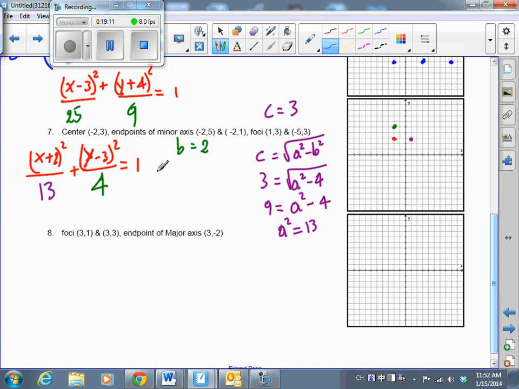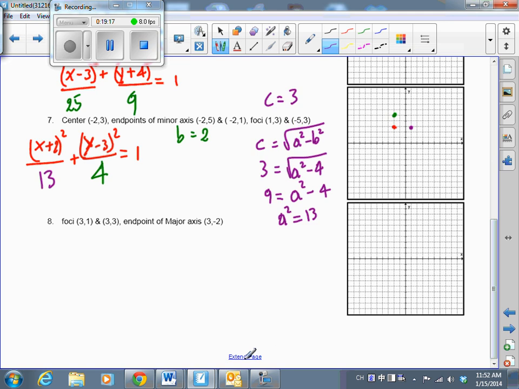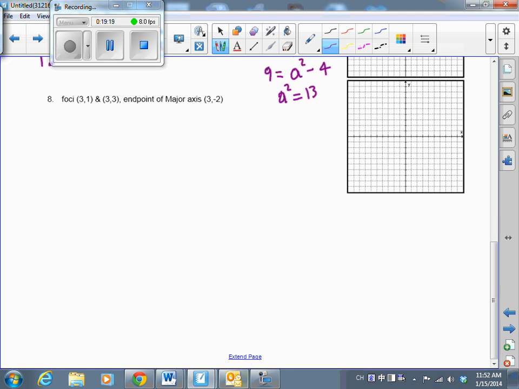Now, if I was the one making one of these problems, this is what I would give you. Something like example 8. So let's take our time and look at example 8. Here I give you both foci. So let's plug in the foci. The first one is at 3, 1.